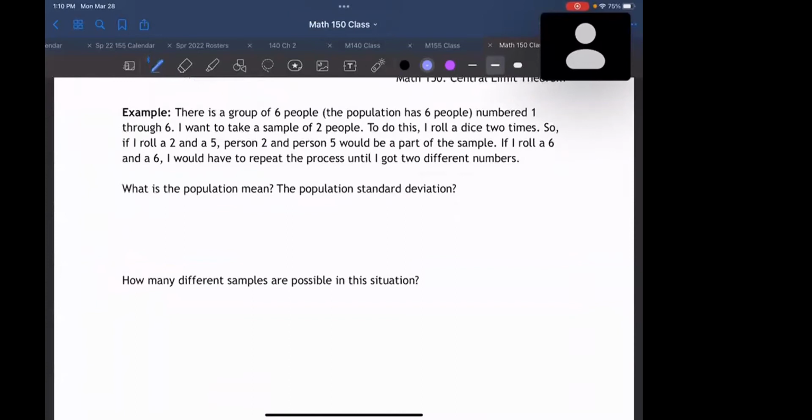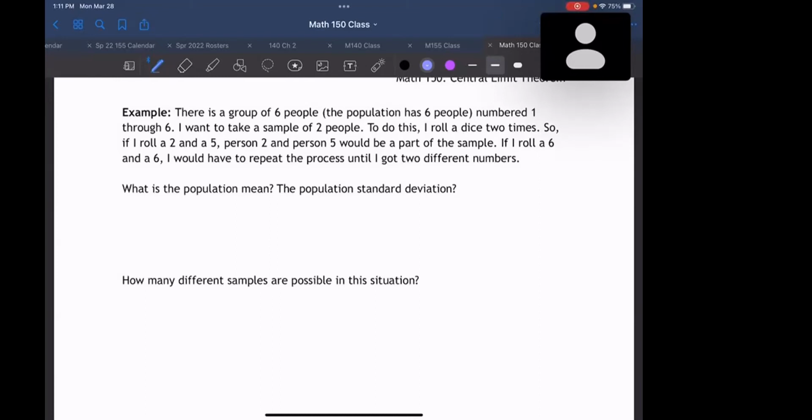So we've got an example. I like this example because I think it makes you think about what type of samples we can have, what type of samples we cannot have. Okay, let's just say I have a group of 6 people and I numbered them from 1 to 6. So there's person 1, person 2, all the way to person 6.